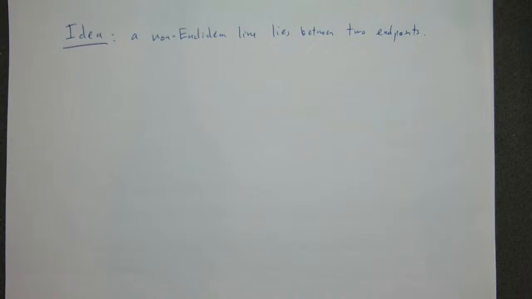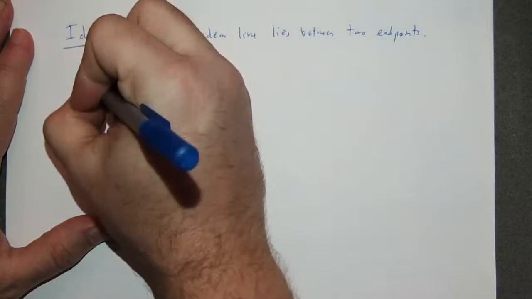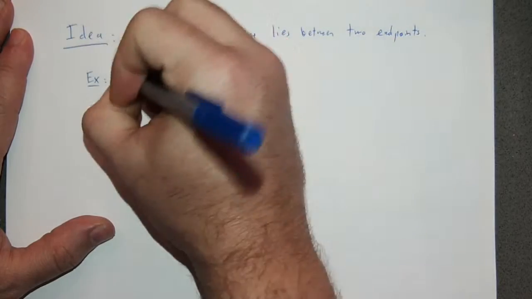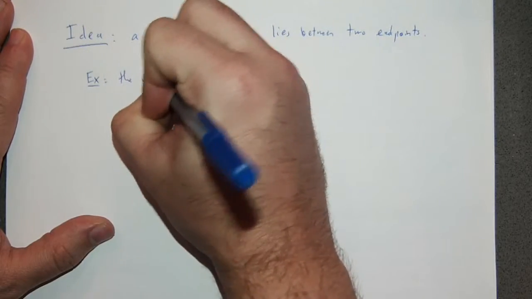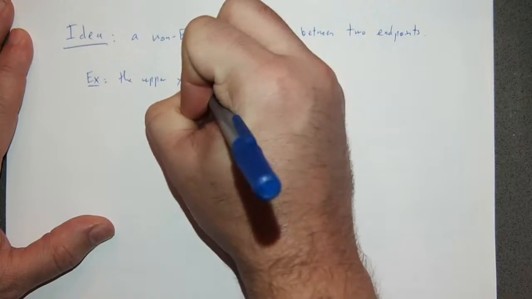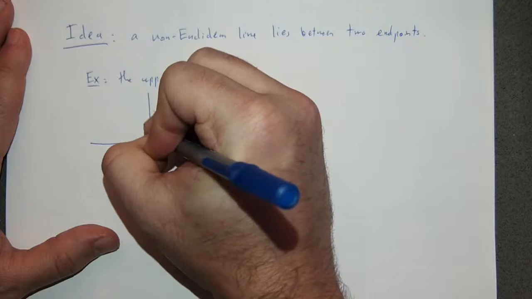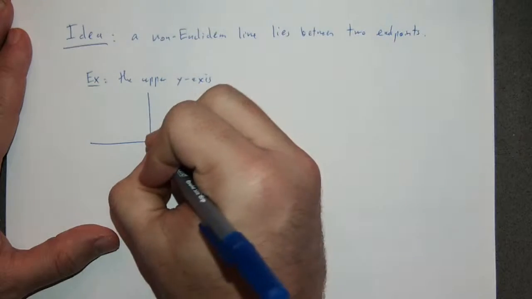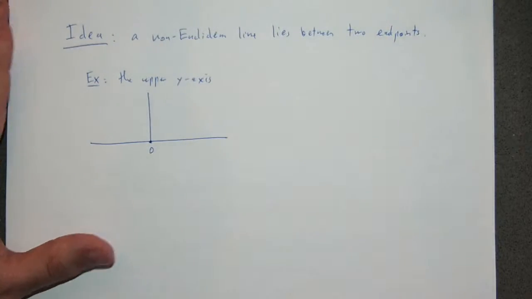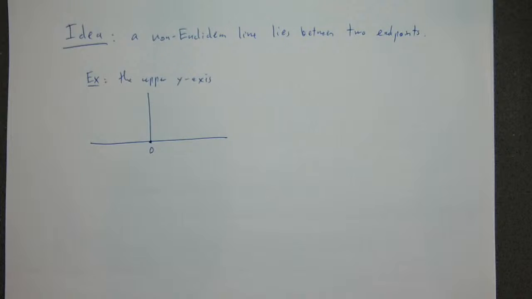Okay. So example, really quick, the upper y-axis: what endpoints does it lie between? Well, here's the upper y-axis. Here's 0 as one endpoint. What's its other endpoint? If it's a semicircle, it's easy to see what the 2 endpoints are, but if it's a vertical line, how do you see what the endpoints are?